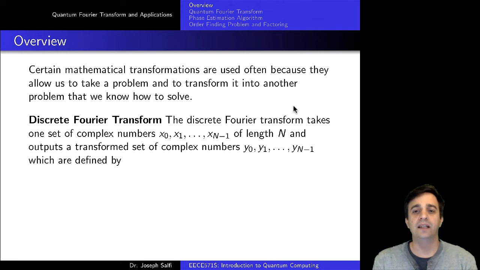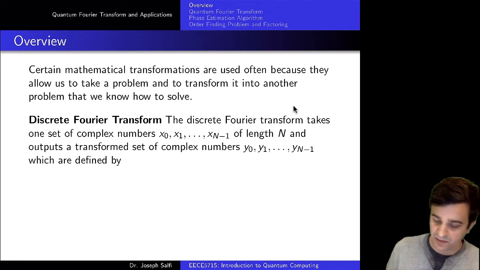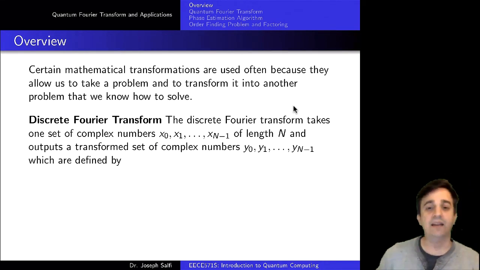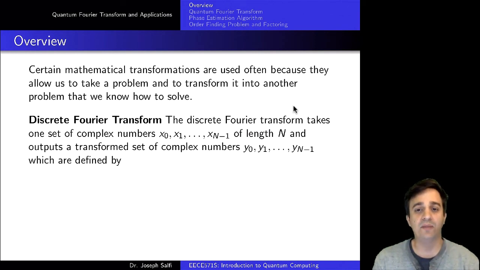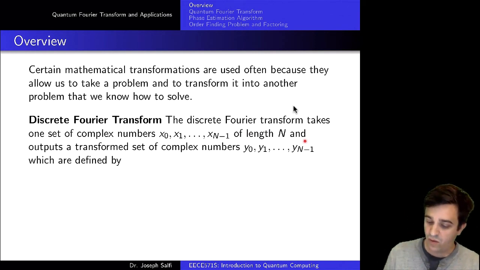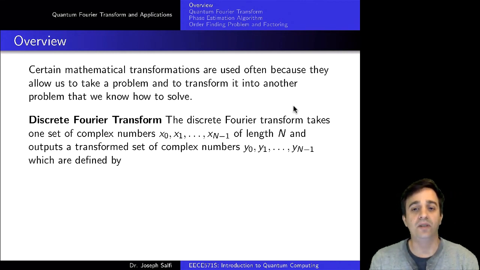In fact, the discrete Fourier transform takes one set of complex numbers, x0 through xn minus 1, where there are n entries, and outputs a transformed set of complex numbers, y0 through yn minus 1, which is also a sequence of length n.